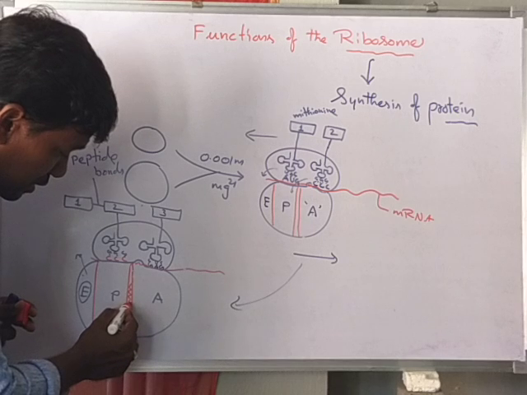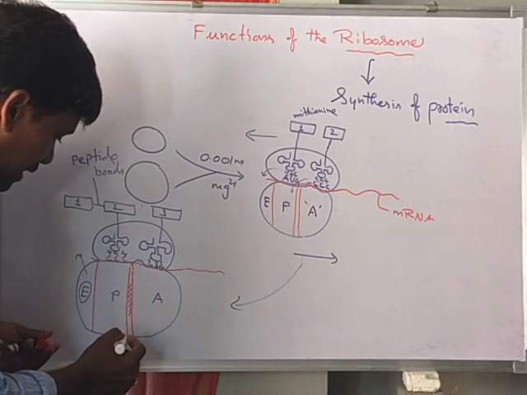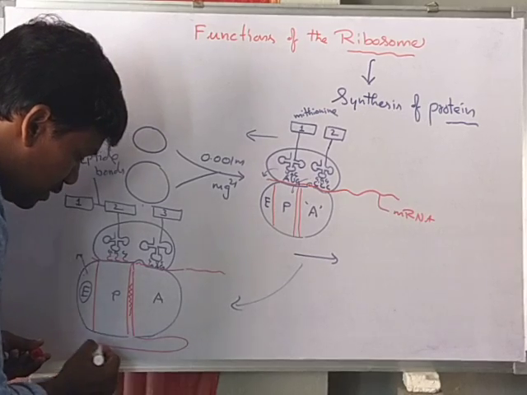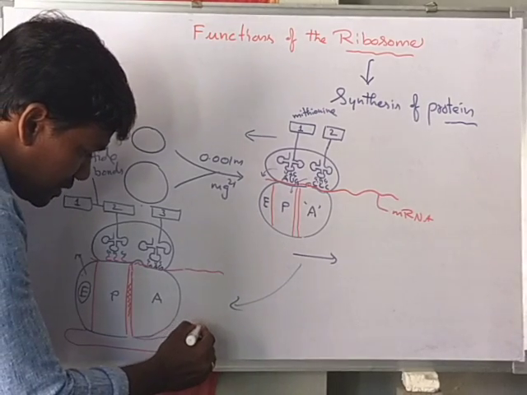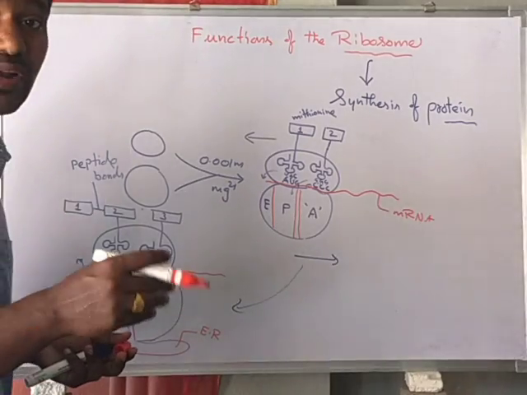Through the longitudinal channel, the protein enters into the endoplasmic reticulum, because the ribosomes are attached on the endoplasmic reticulum.